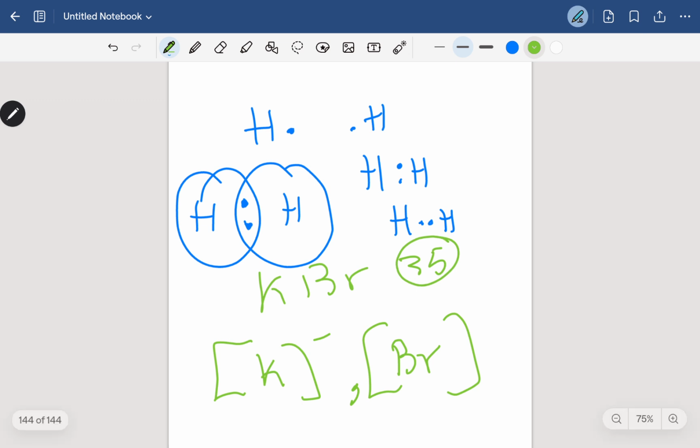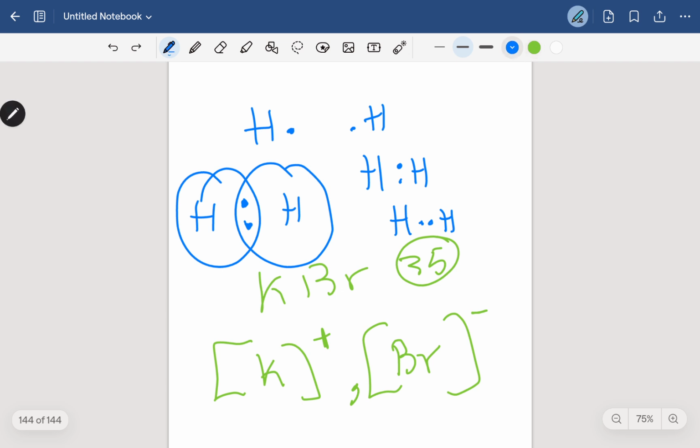So if we are to do its electronic configuration, you can do it the s, p, d, f way or the 2, 8, 18 way. Either way, you are going to get that K has 1 valence electron. This is plus, by the way, I apologize, not minus, it's plus. Or very simply, you could know its charge to be Br minus.